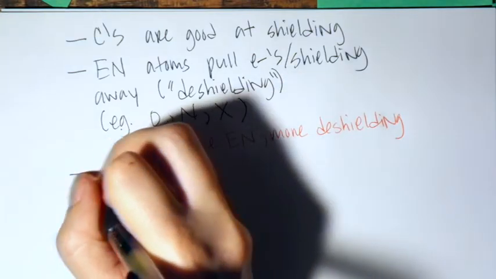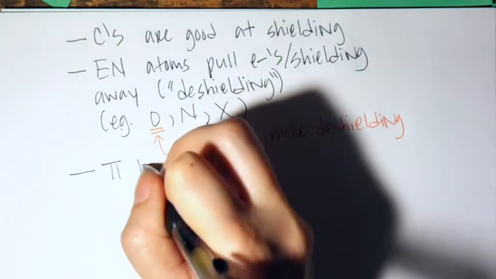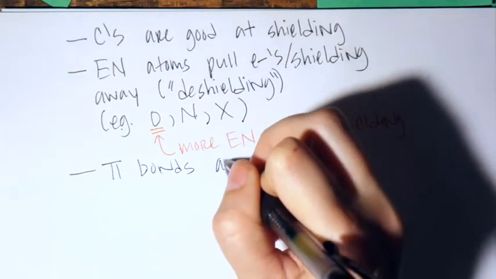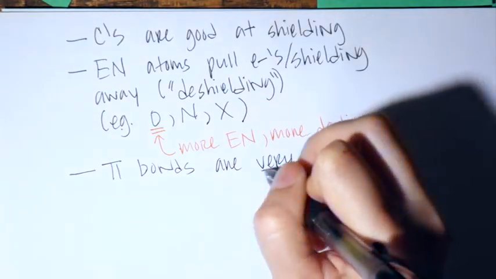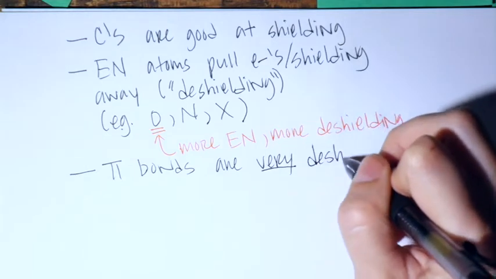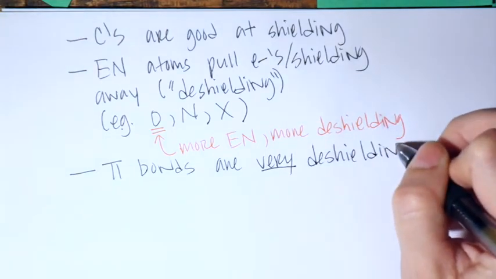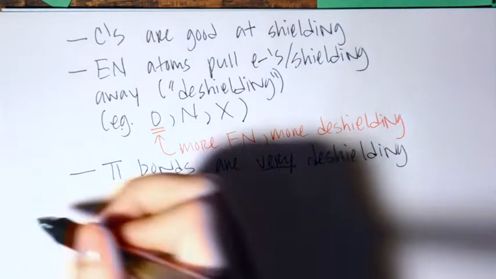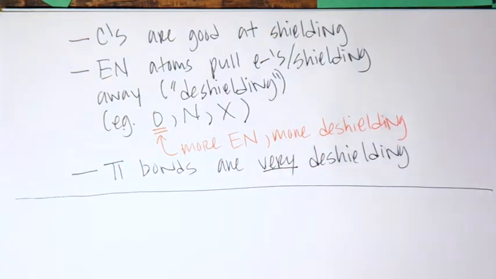And then the last region we talked about are the pi bonds. Pi bonds are very de-shielding, so those are going to be the ones that are farthest to the left. So that's the shielding effects.